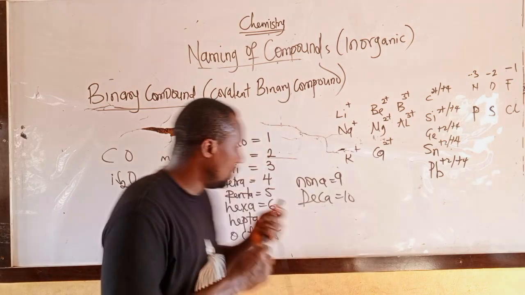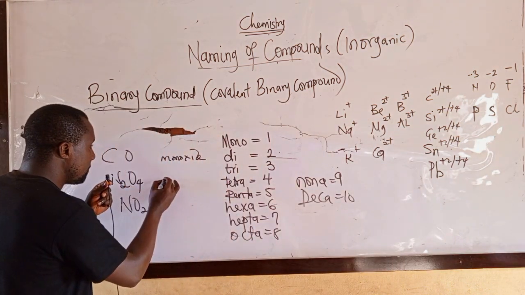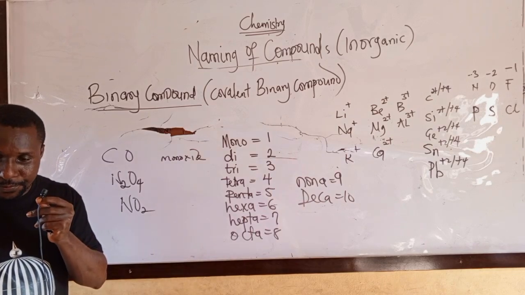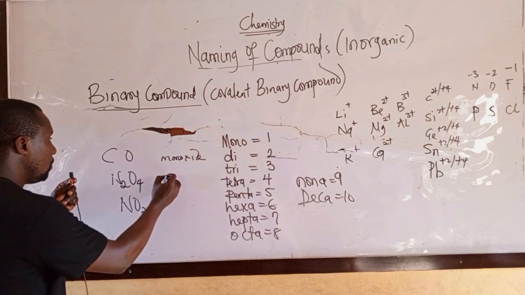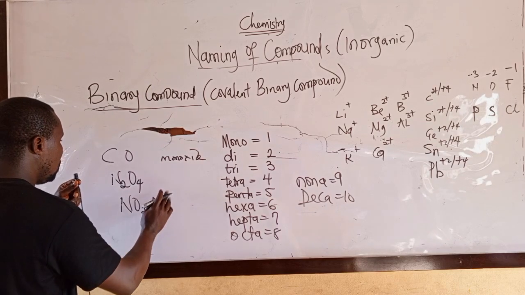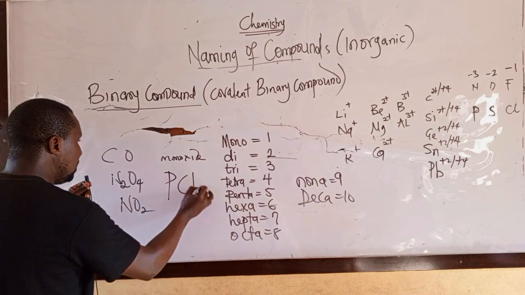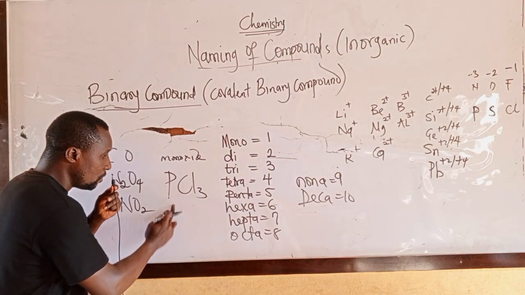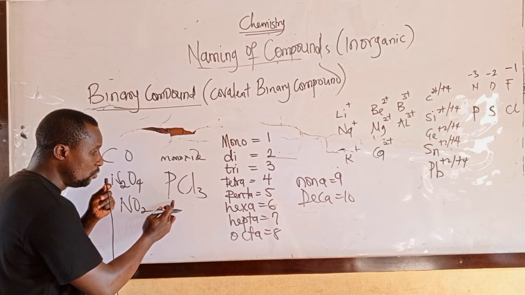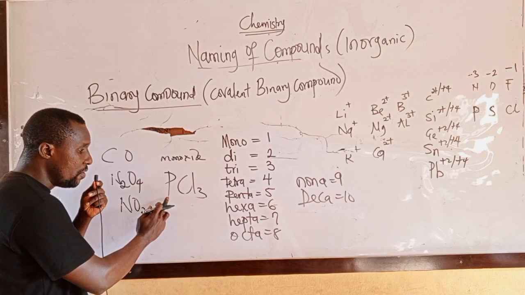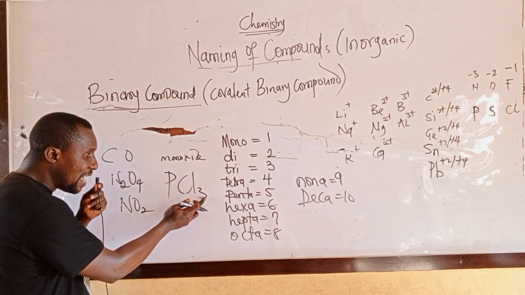For example, if you have PCl3, phosphorus 1, chlorine 3, I won't say monophosphorus trichloride, no. I will just say phosphorus trichloride.